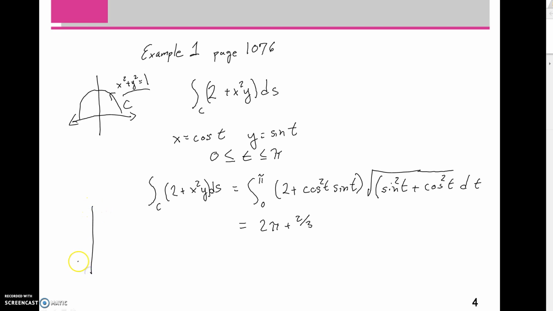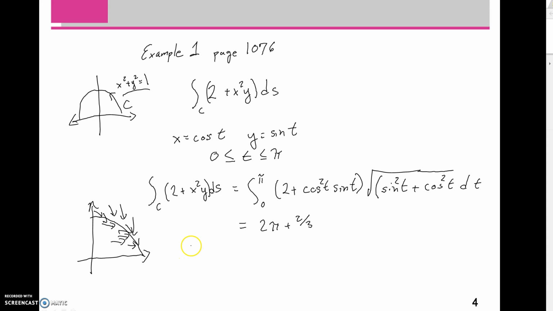That's different. When we talk about line integrals of vector fields, we've got this curve and your vector field, and we're talking about the work that's being applied on this curve. The way that's calculated is different. So you want to be able to distinguish between a line integral and a line integral of a vector field, so keep that in mind.